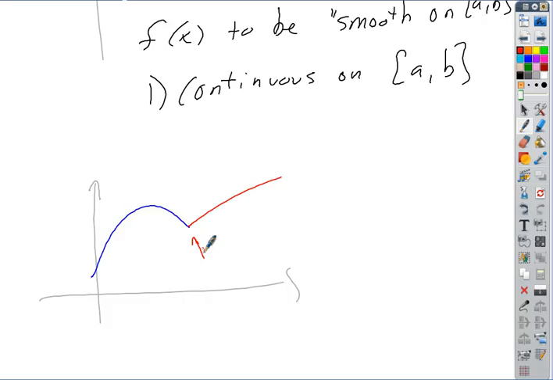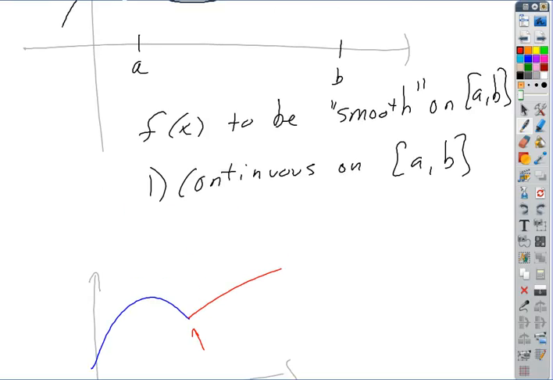If we want to have a function that is smooth, meaning there are no cusps, then there better be no places where the derivative is undefined. It better be differentiable everywhere on that interval. So there's the second ingredient.